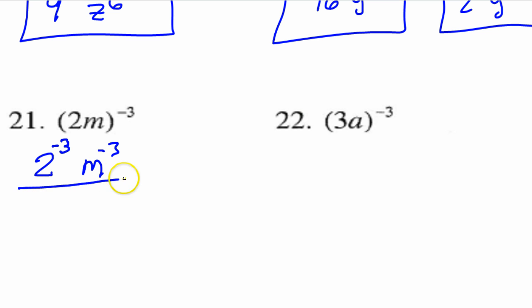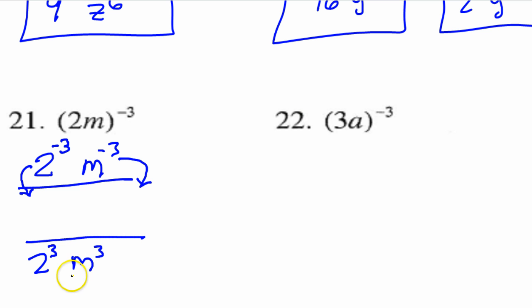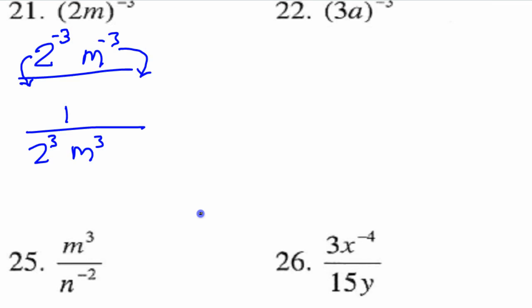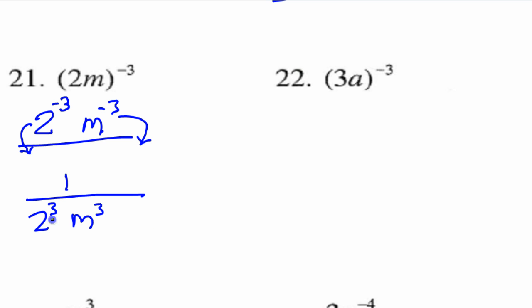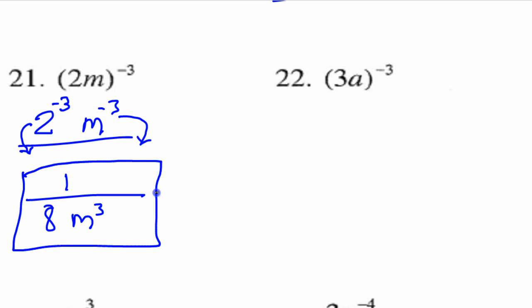There's like an invisible fraction right here, and both of these things are going to have to drop underneath it. So I will have 2 to the 3rd power down below, and I will have m to the 3rd power. We will need a 1 sort of as a placeholder. But 2 to the 3rd power is 8, and with the 3rd power we should always go ahead and do it. So this will be the answer to number 21.